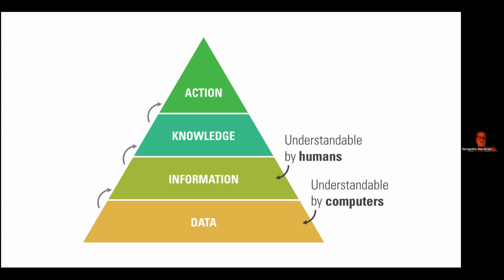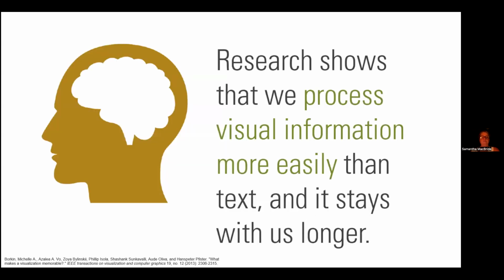And information leads to knowledge, and knowledge leads to action. And much research is going in the direction of action, of trying to improve the world in one way or another. Whether or not you consider yourself a visual person, everyone processes visual information more quickly and easily than they do text.